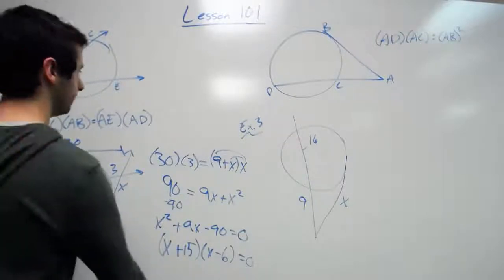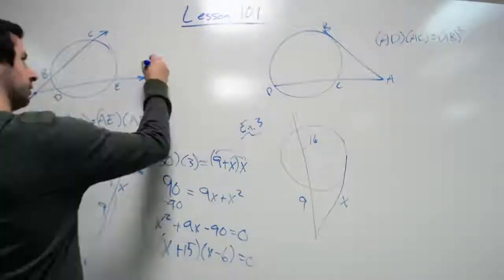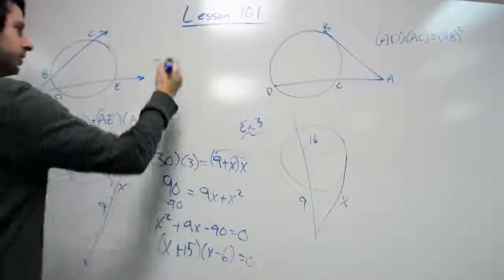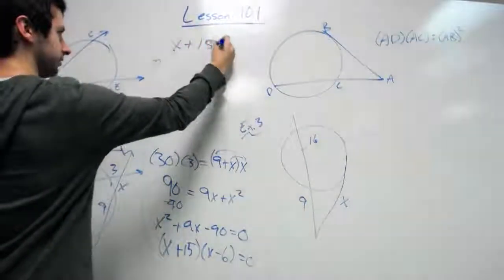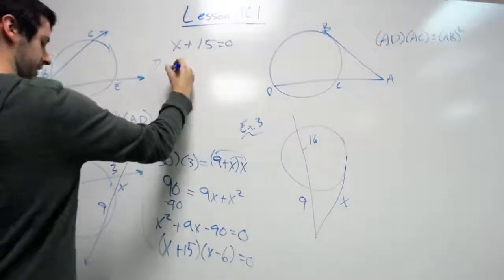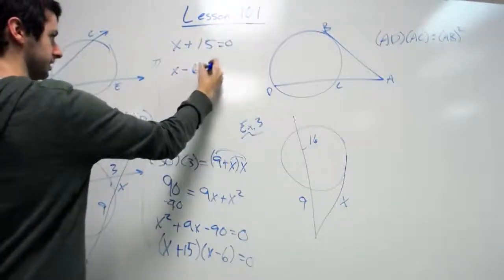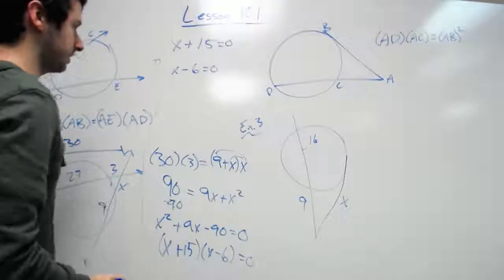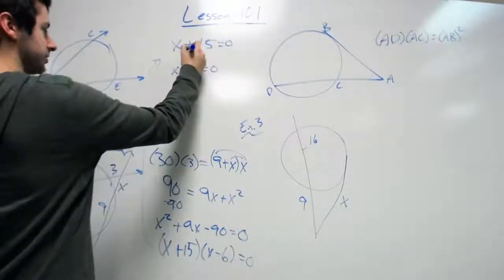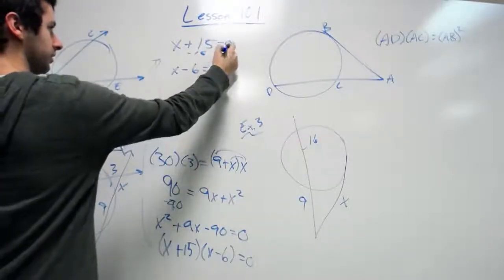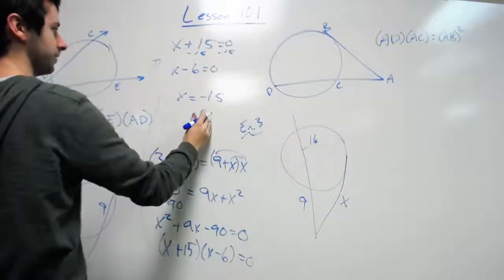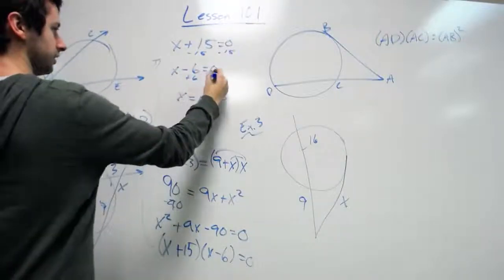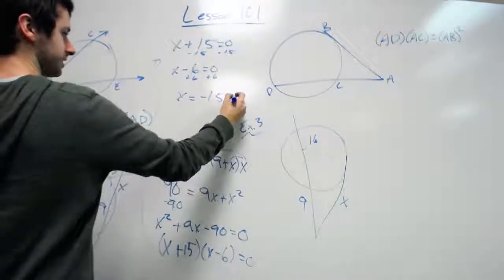Now from this point, you just isolate those and say x plus 15 equals 0, and x minus 6 equals 0. So you actually have two answers for x. When you subtract here, you have x equals negative 15, or when you add 6 here, you have x equals 6.